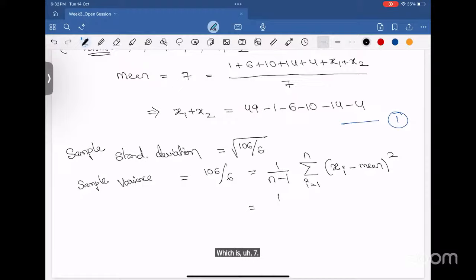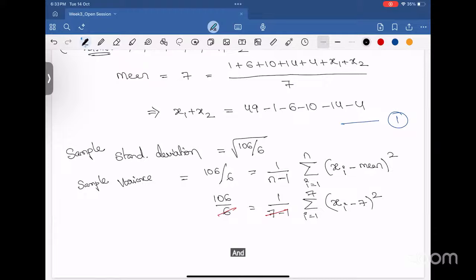So if we substitute, 1 by 7 minus 1, summation i equals 1 to 7, xi minus 7 whole square, equals 106 by 6. And you can clearly see that the 6 and the 6 will get cancelled out.